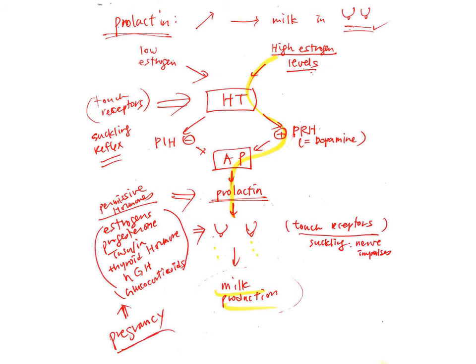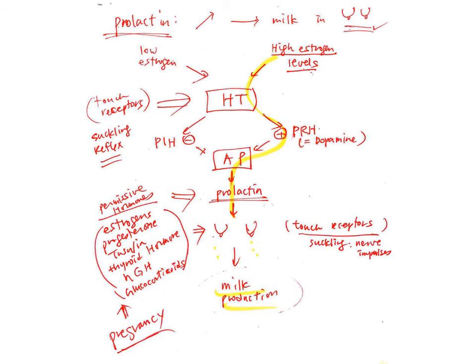So, as some of you who are mothers know, when you are about to give your milk to the baby, unless you have touch receptors triggering the suckling reflex through the hypothalamus, with suckling sending nerve impulses to the brain, milk production is not going to be sustained.